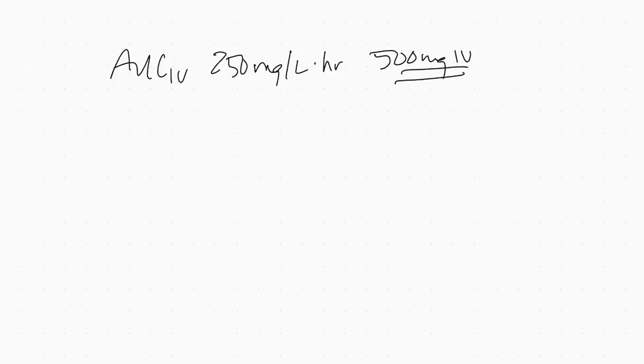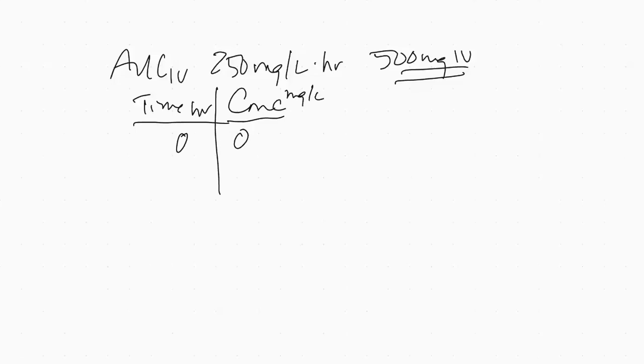Okay, so we're given these time concentration curves after they took 500 milligrams orally of this dose. At time 0, it's 0. This is in milligrams per liter, and this is in hours. At 2 hours, it's 20 milligrams per liter, and at 10 hours, it's 7 milligrams per liter.